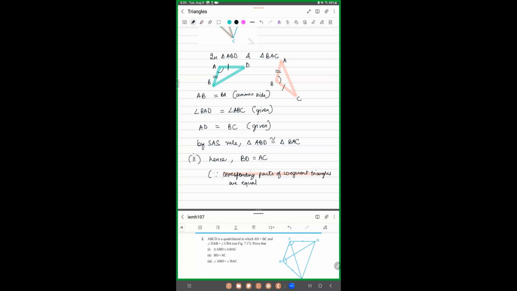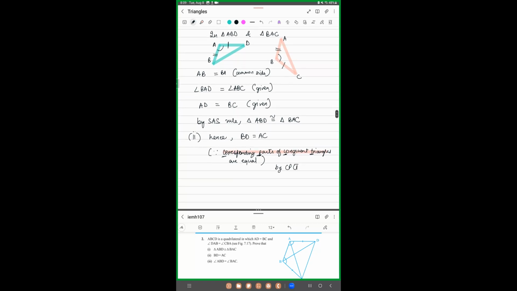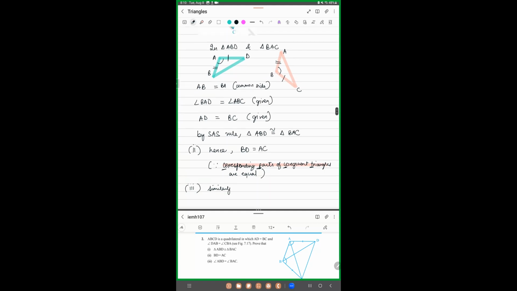You can write by CPCT, but it's better if you write it in the full form itself. Corresponding parts of congruent triangles are equal. Therefore, BD is equal to AC. The third one also similarly. Angle ABD, which is this angle, is equal to angle BAC, which is this angle.